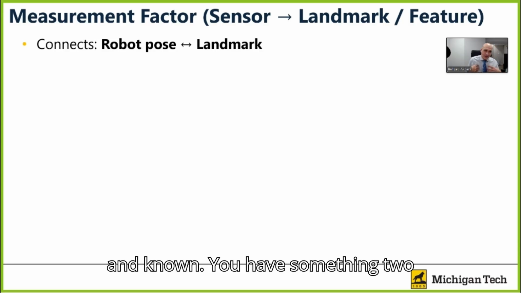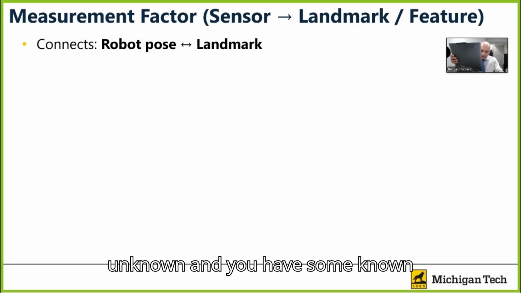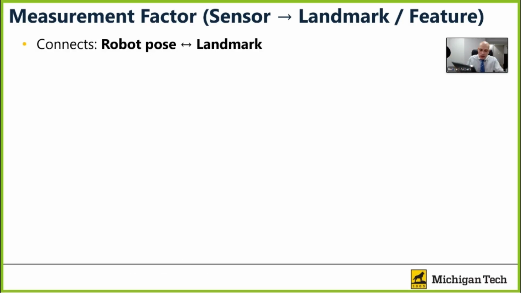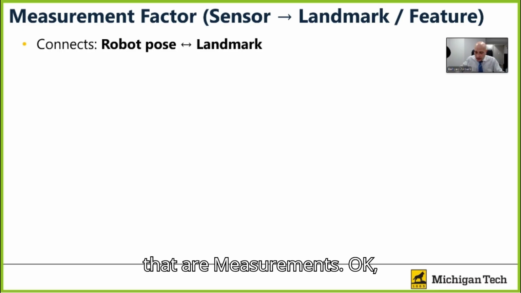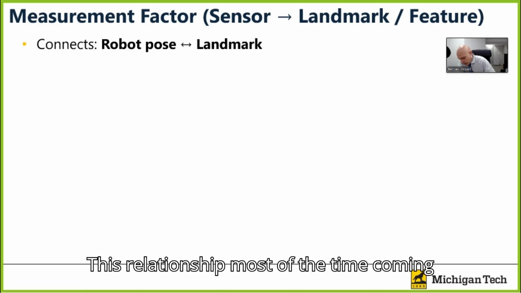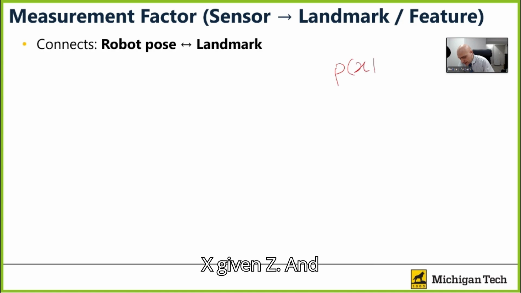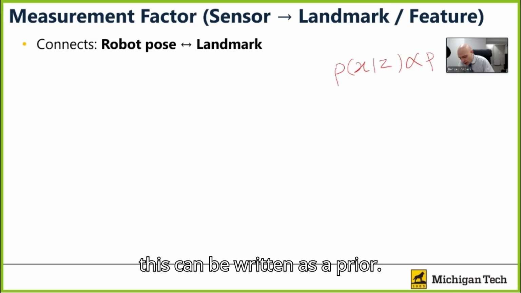You have something you want to infer, that is unknown, and you have some known that are measurements. So you need to have this relationship. This relationship most of the time comes from the posterior density, P of x given z, and this can be written as a prior and likelihood.